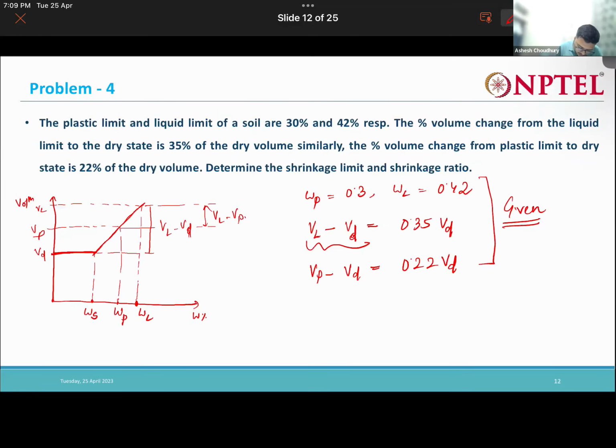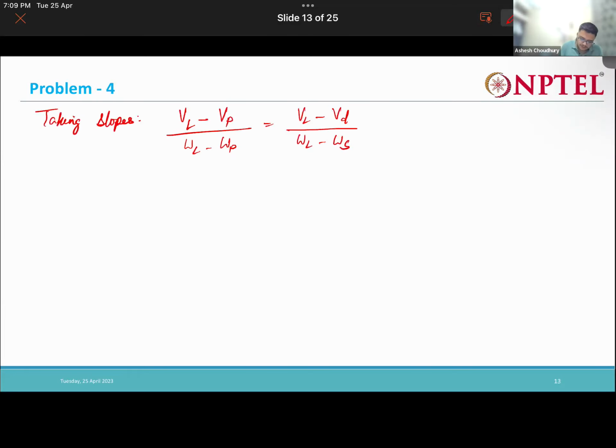Okay, so we are considering this triangle and this triangle. These two get considered. So we can write this part, right? Next, let us just put the values.